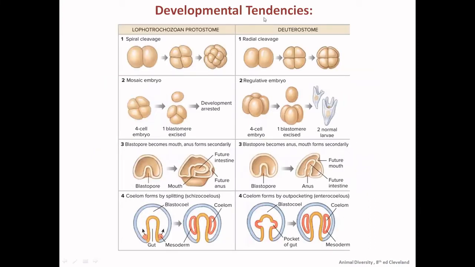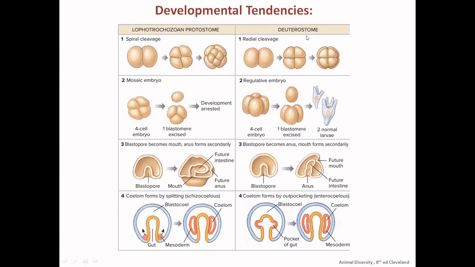So what are the developmental tendencies? Before, we discussed the blastopore that is formed in the blastula stage. Based on whether the blastopore develops into the mouth or into the anus, animals are divided into protostomes and deuterostomes. When the blastopore develops into the mouth, it is a protostome. Lophotrochozoa is a taxon of the group in which protostome developmental tendencies are seen.